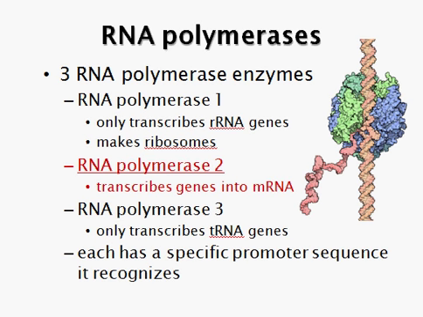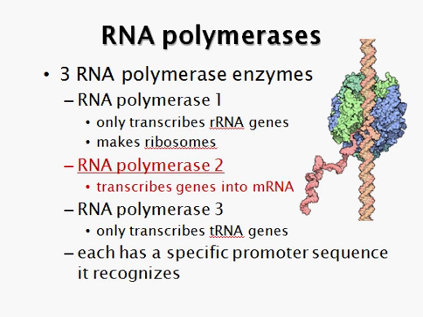Another thing to note before we move on is that these RNA polymerases are responsible for prying apart the DNA strand. So they're a much more complicated enzyme that serves the purpose of, for example, the helicase in replication that we saw.